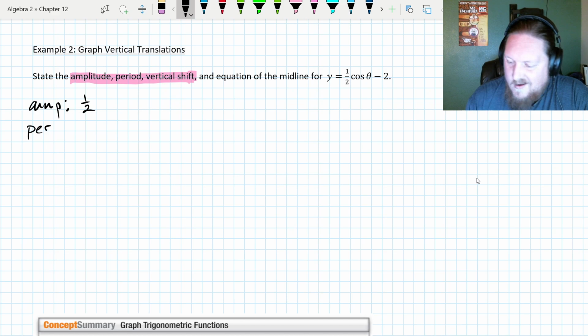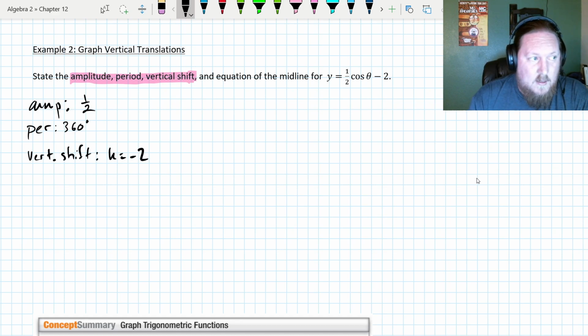Period, there's nothing getting multiplied by the theta, so for cosine, the standard period is 360 degrees. And then the vertical shift, this is the one that changes. I notice this time it's k, and it's actually supposed to be k. I didn't miswrite my h.